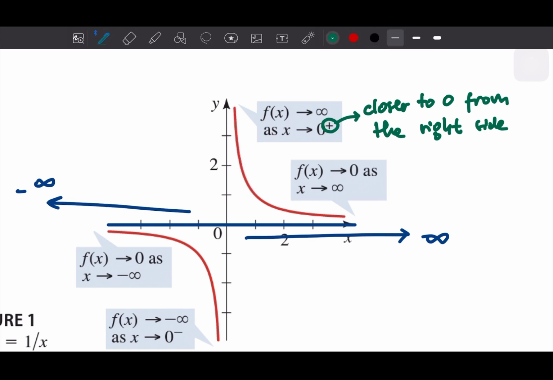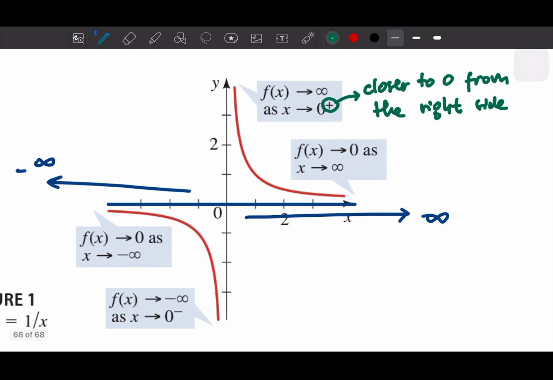Also, the same thing for the negative part: it is getting lower and lower, so it's getting negatively large toward infinity, right? So we could also draw a line on this vertical line, an invisible line, and we call this the concept of the asymptote.